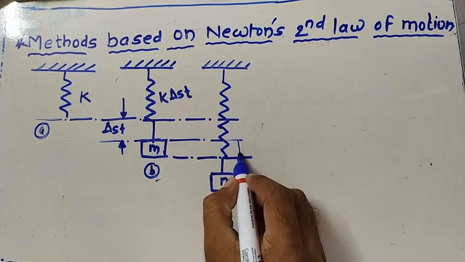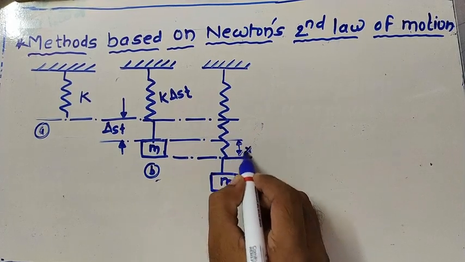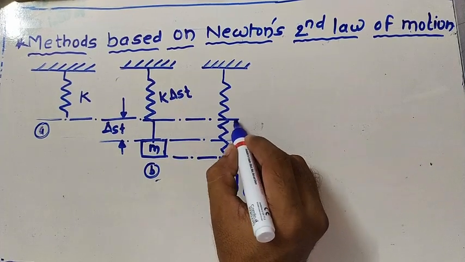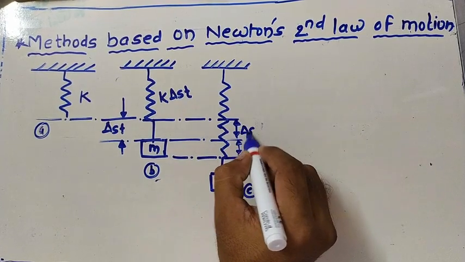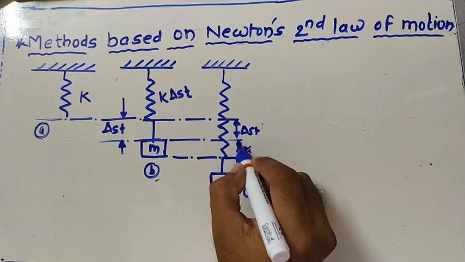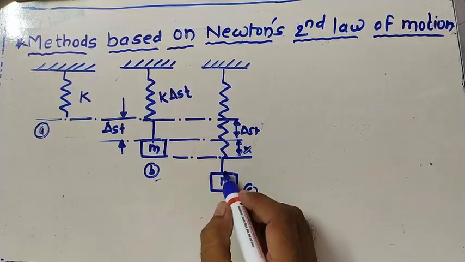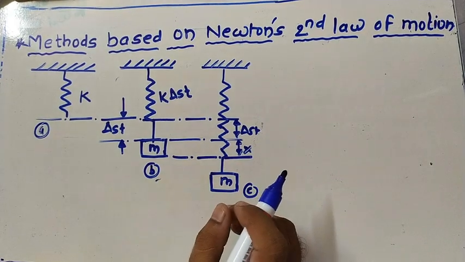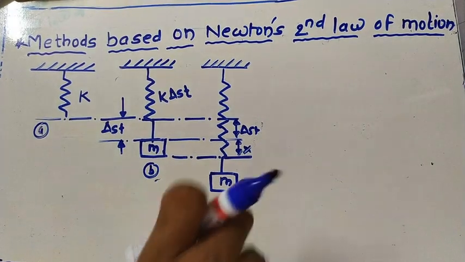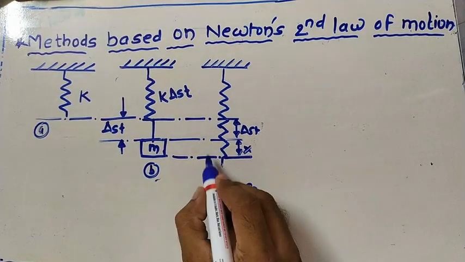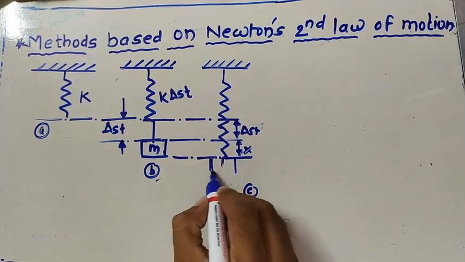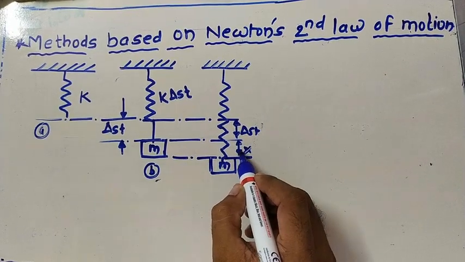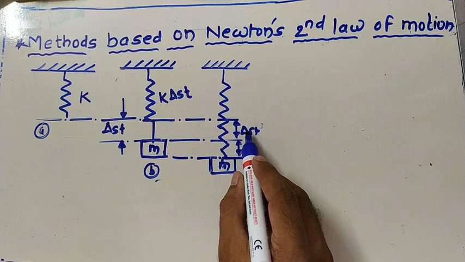The previous displacement was delta st. Because of disturbance given in the system, or pulling of this mass in downward direction, I'll just show that mass here so that this is clear to you. Now observe this distance. This distance is x plus delta st.